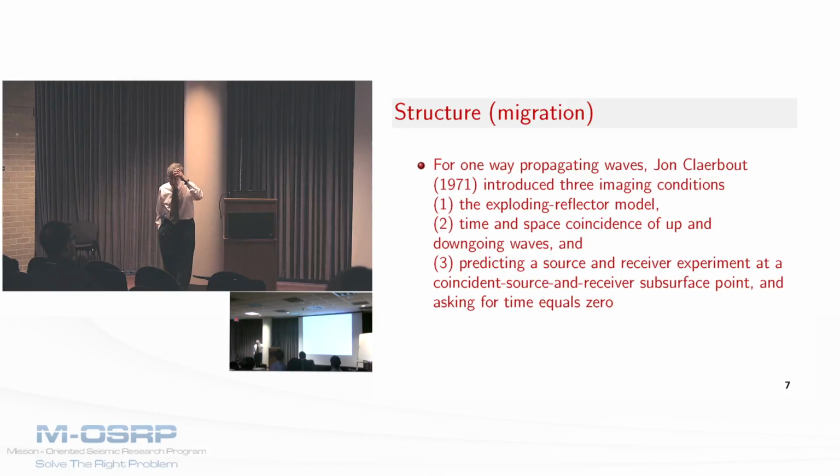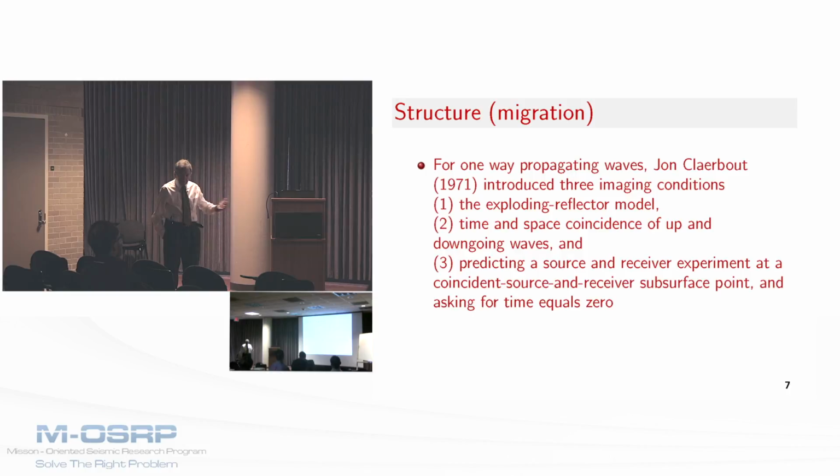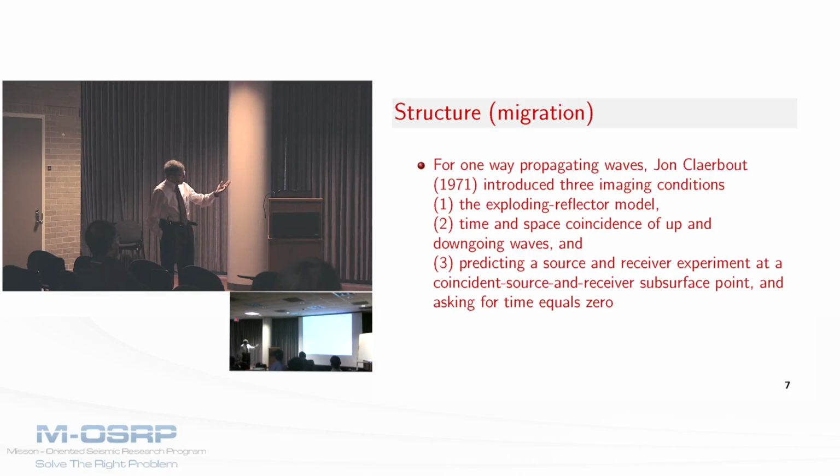John Claerbout in 1971, in a paper, lists three. He doesn't claim that he invented them, but they're in his paper, so we refer to them as Claerbout 1, 2, 3. The first imaging principle is what's called the exploding reflector model. That principle is for stacked, zero offset data. It says basically if you had a source and receiver coincident and you did some kind of ray theory, there's a symmetry: time to the reflector, time back.